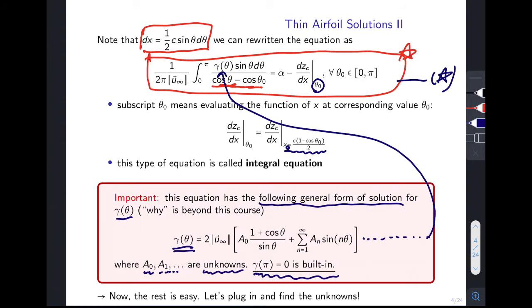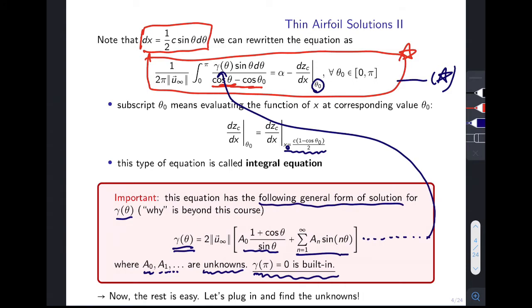Remember the Kutta condition, we need gamma c equals 0. So in the theta space, that will be gamma pi equals 0. And actually gamma pi equals 0 is built in. If you look at the second term over there, of course sine n pi is always 0. The first term is not too obvious, but if you use L'Hospital's rule, you can figure out the limit.